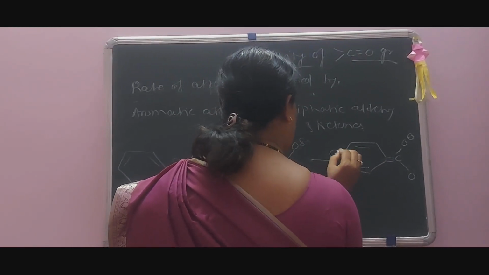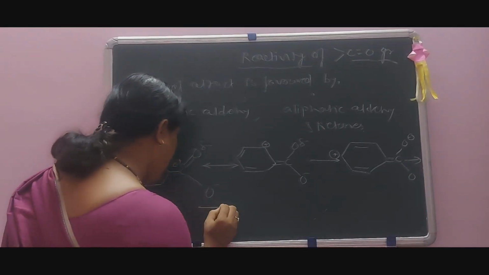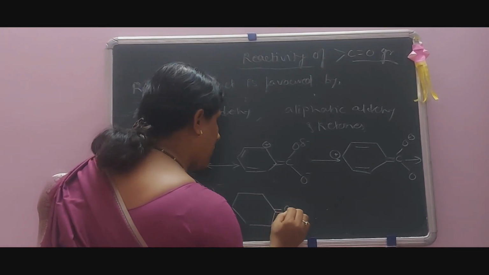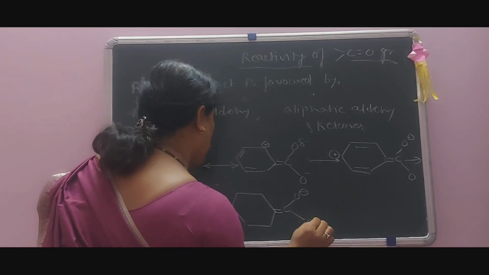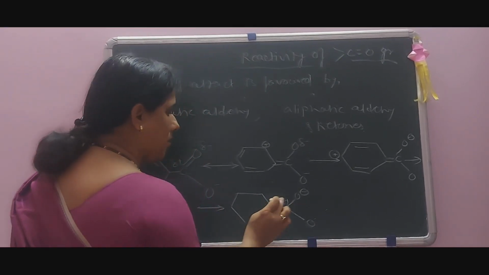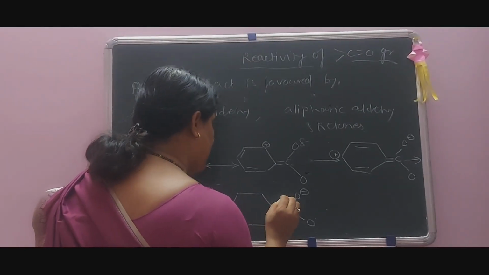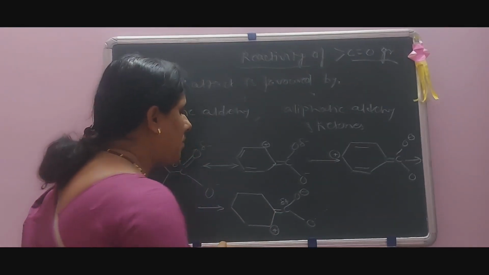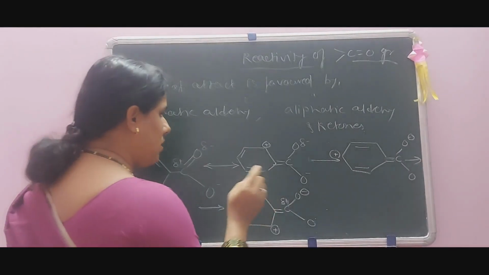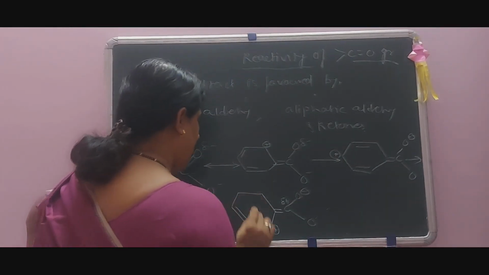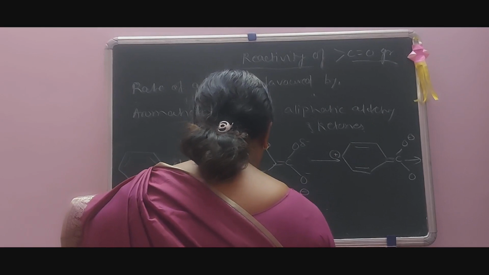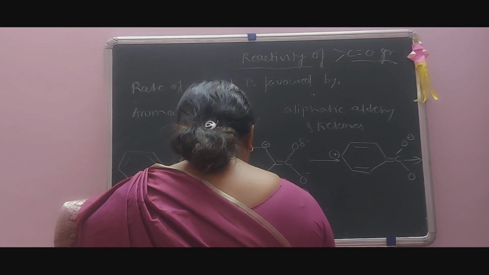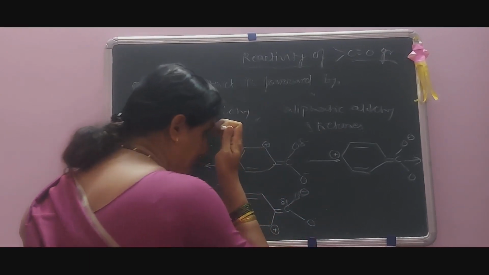The positive charge center is here. Again here we can write O minus and O, delta plus here. So the delta plus charge gets concentrated here.